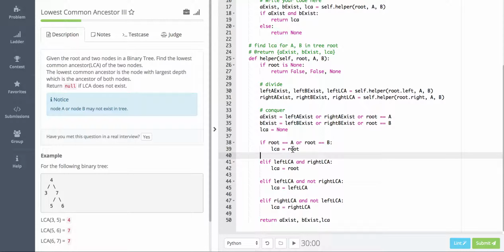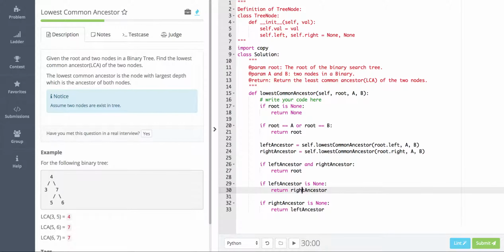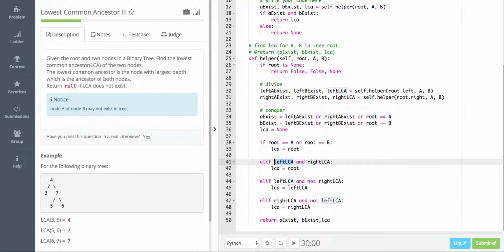And if not, then we check left LCA and right LCA. If both of them exist, then we just assign the root to the LCA, like problem number 88, right? The same way.